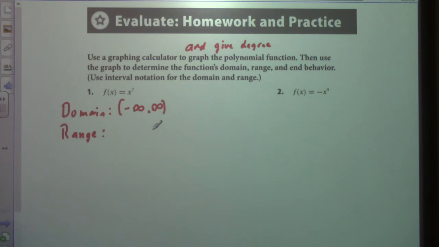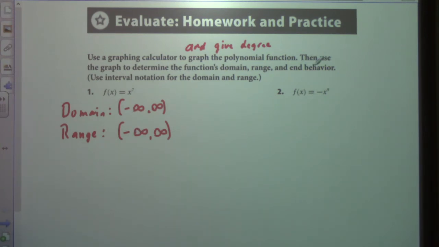Odd positive starts where? Starts low, ends high. So what is this going to be for a range? It's going to be negative infinity to positive infinity. Exactly right. Do you guys think I should just start on this paper? Yeah, I think that's a good idea.